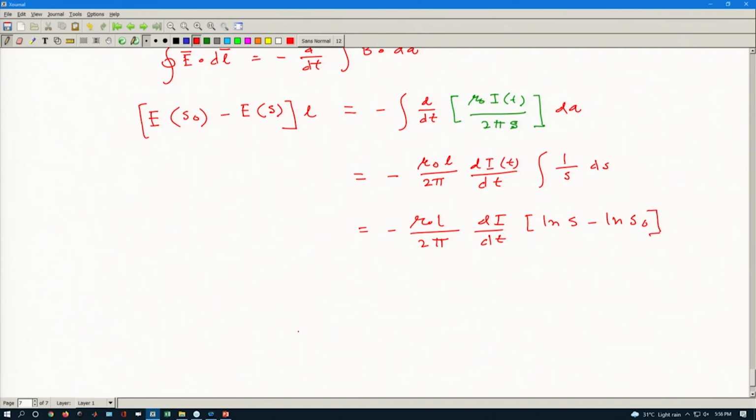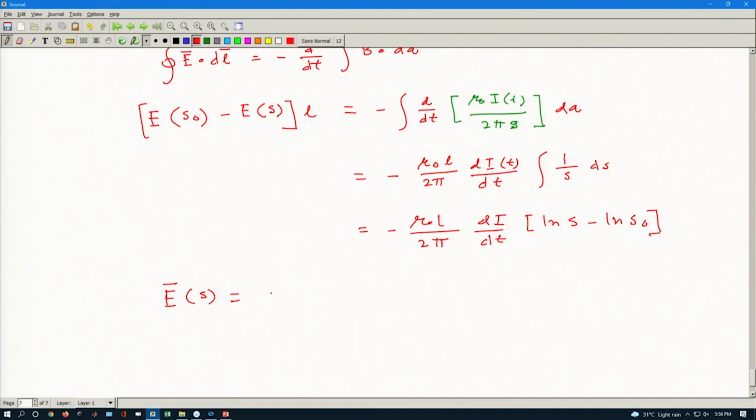On the left hand side I have E(S0) minus E(S) times L, and on the right hand side I have this quantity. Eventually, the ln S0 and E at S0 I can put into a constant, and I can write the variation of E as a function of S, where L is going to cancel out.